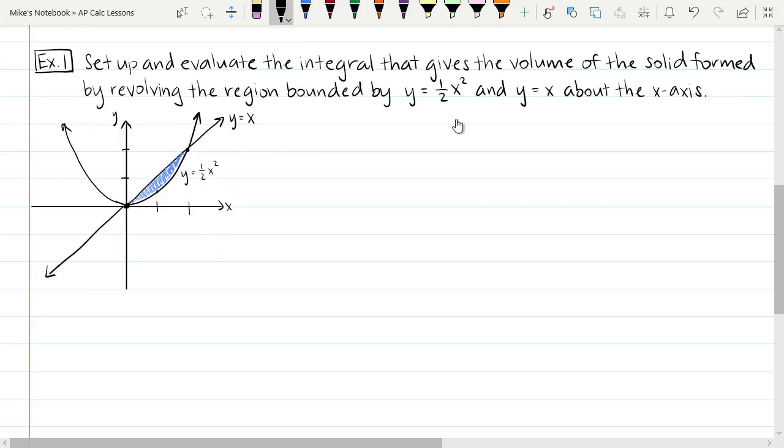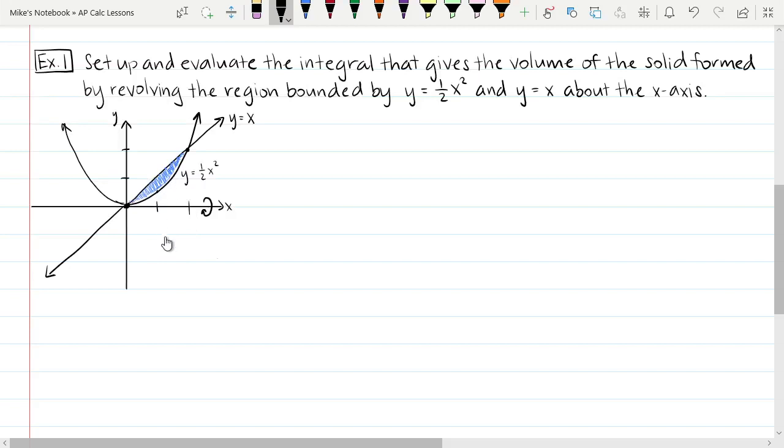So we are revolving about the x-axis. And so once again, notice that the axis or the line that we're revolving around is not one of the boundaries of this region. Yes, it touches the region right here at this point, but again, if there's any empty space between the region and the axis that you're revolving around, you are going to create this washer.